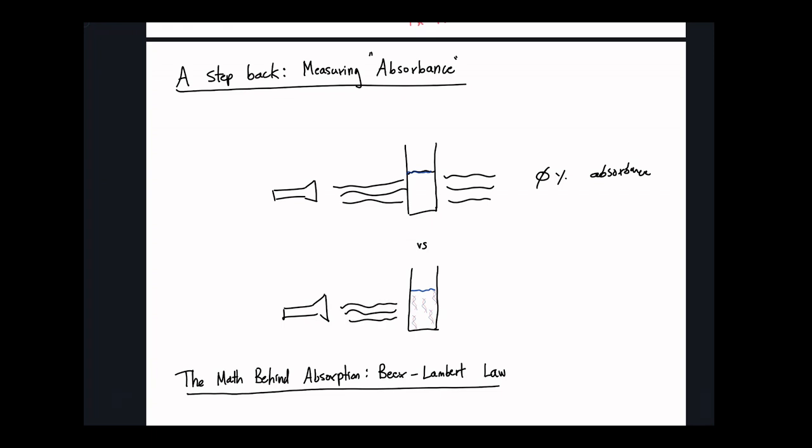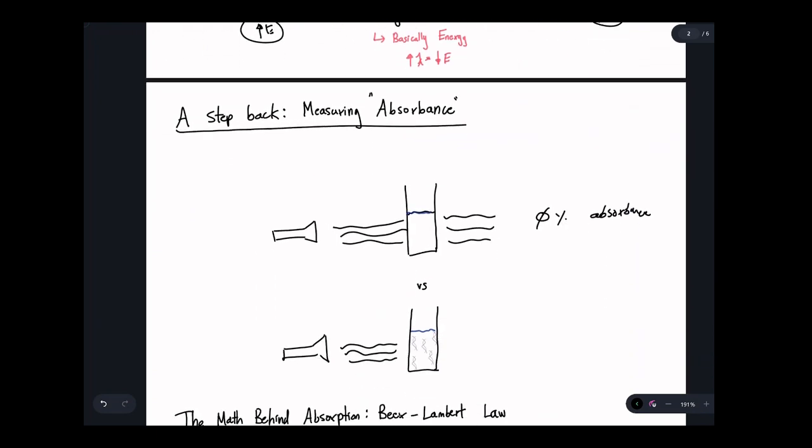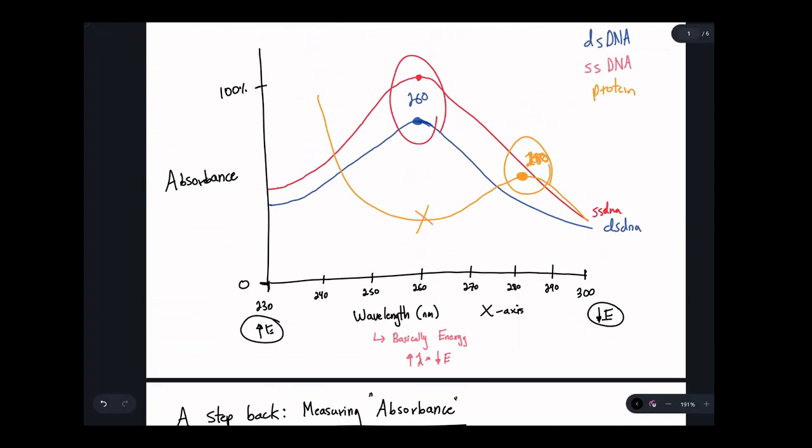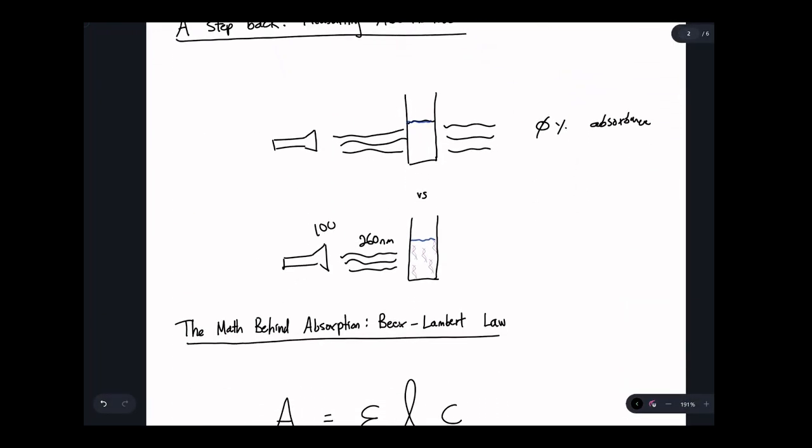So if I shine 260 nanometer radiation, lots of that energy is going to be absorbed. Let's say that it's 80%, just throwing a number out there. That means that if I put 100 units of energy, I'd only see 20 coming out the other side, right? That means that there was an 80% absorbance.